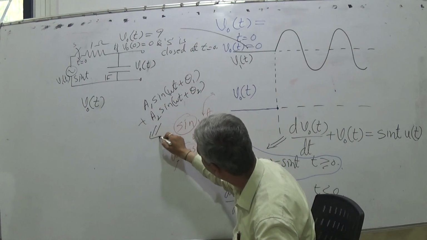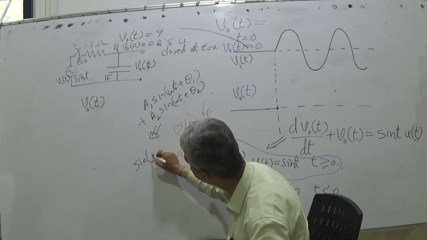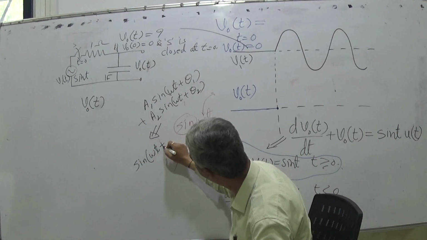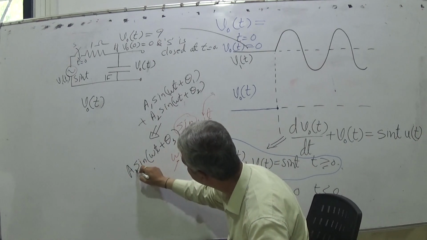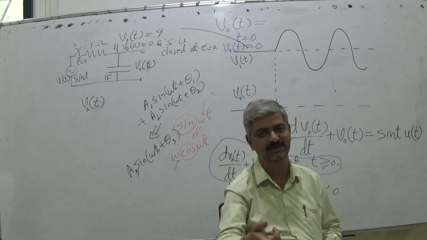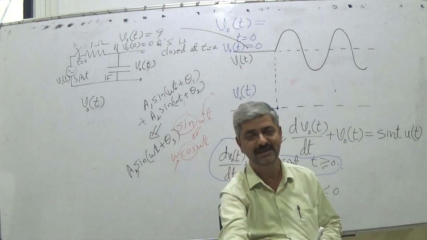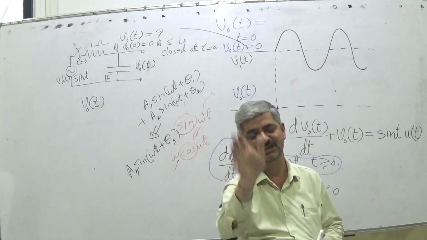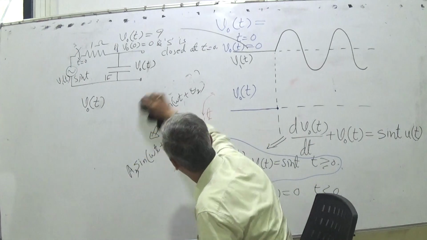Their addition is always A3 sin(ωt + θ3), right? So two sinusoids of the same frequency lead to a sinusoid of that frequency only; amplitude and phase are changed, right?